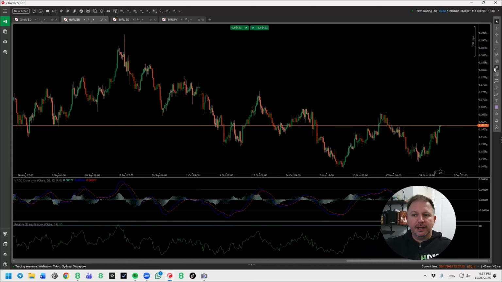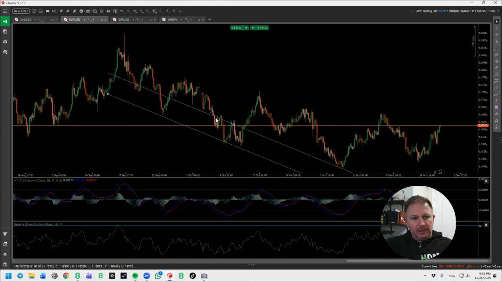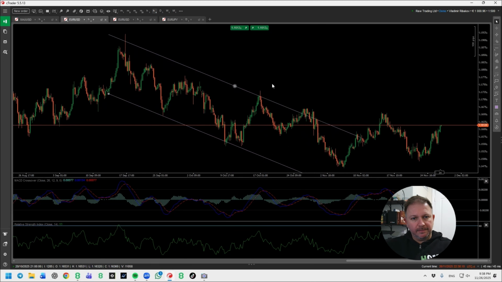For the next one, let's talk about the next opportunity, the next pair. This would be the euro dollar. I think, yeah, the euro dollar. And if we break down the channel here, let's put the lines. This is the bottom, this is the top. Okay, so once again, it will not be perfect, but that's how it goes.